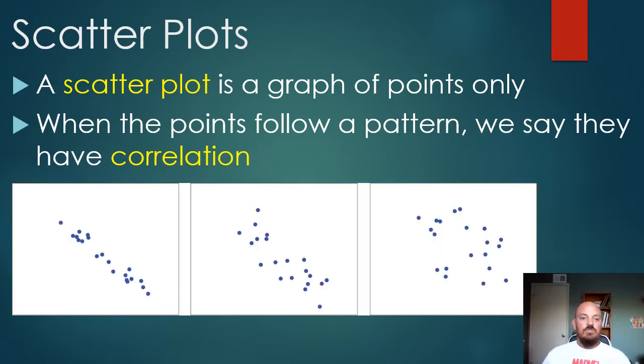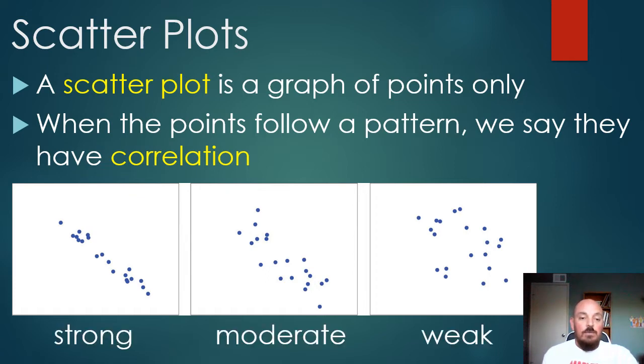So here's some examples of three different scatter plots. If you notice, the first one is kind of going right down in a row. It's not a perfect line, but you can see it's going in a line. The middle one is kind of going like that, but it's not a nice tight line like the first one. And the third one isn't really a line at all. They're all scattered around.